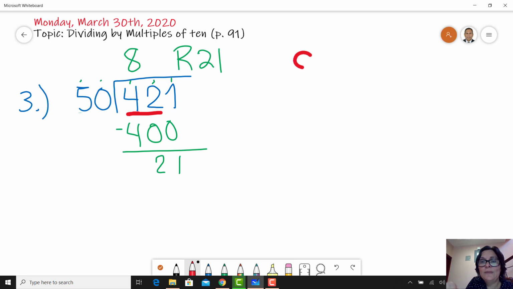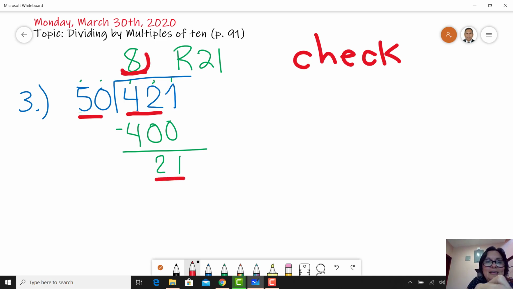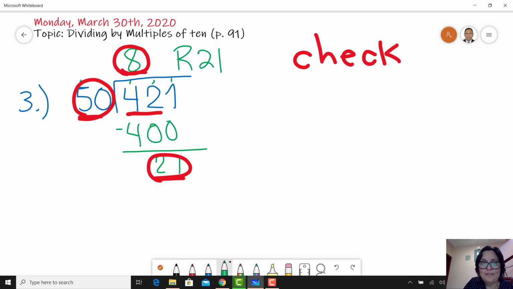It says that we have to check. How do we check? Remember our little song: this times this plus this. Again, this times this plus this. Okay, let's do it.